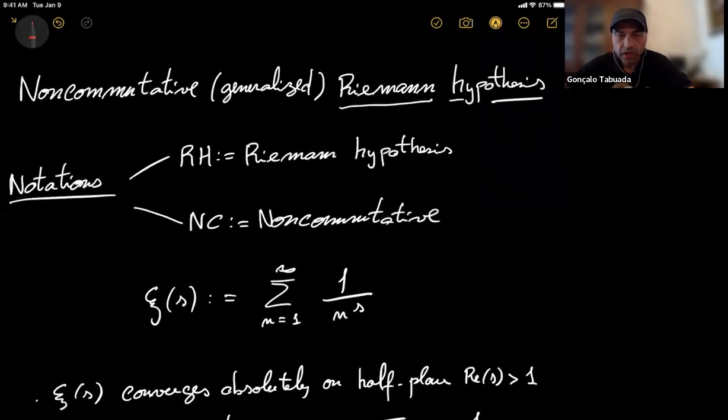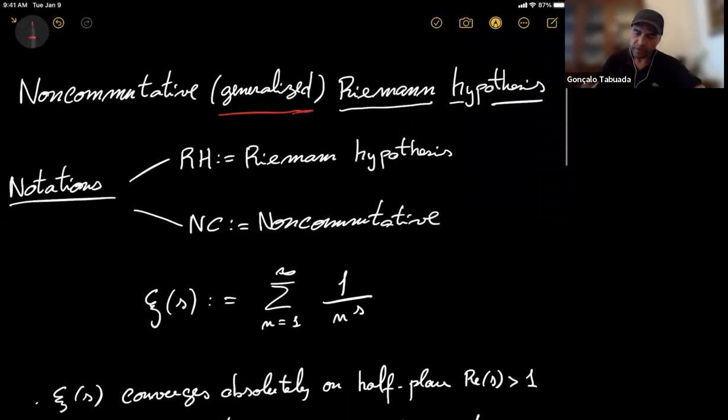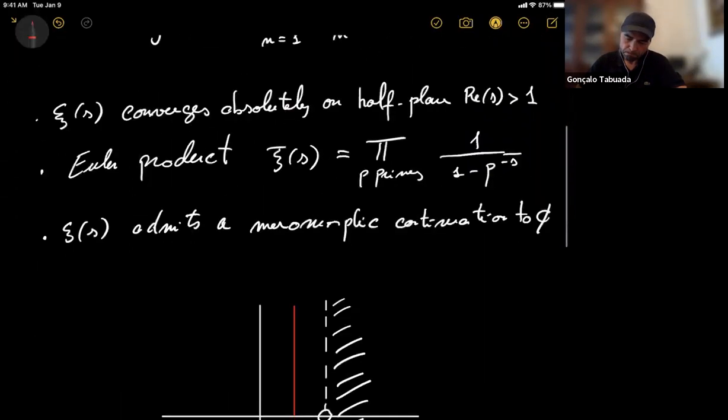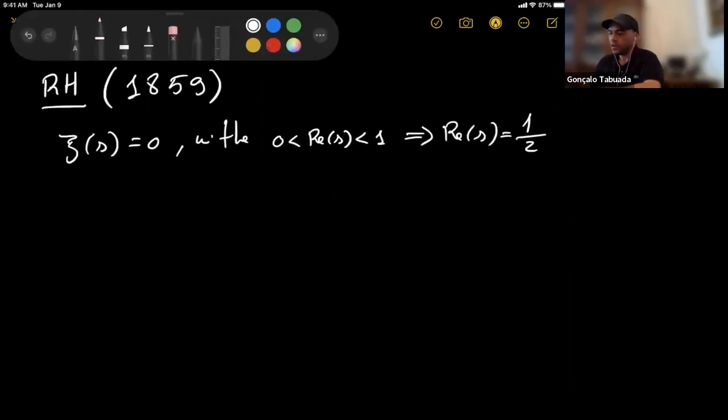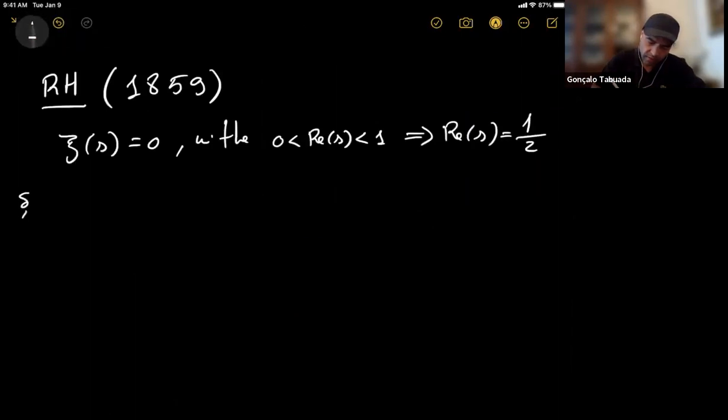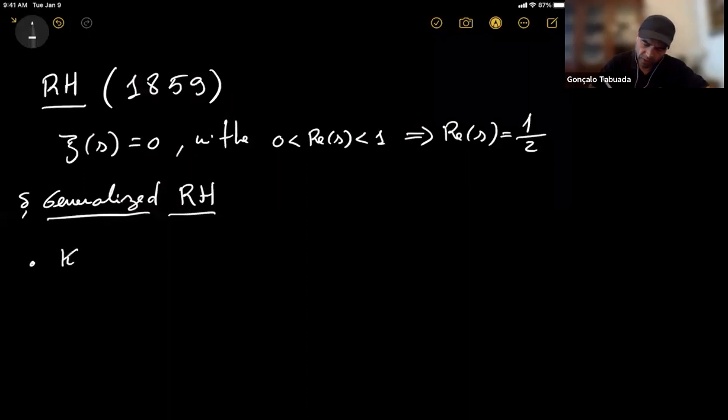Now let me recall what the generalized Riemann hypothesis is. I will follow Jean-Pierre Serre. We are now working over a little k, which will be a global field.